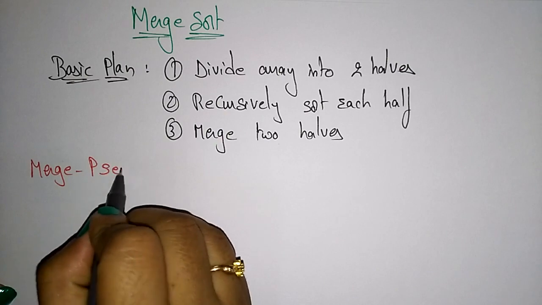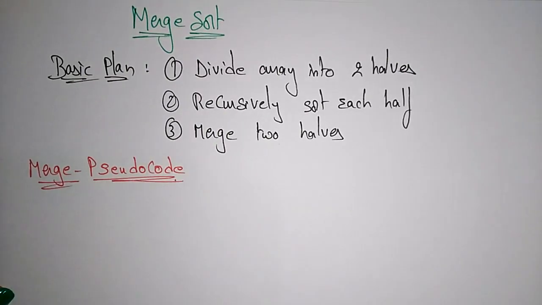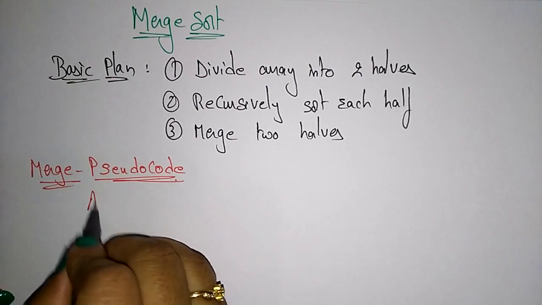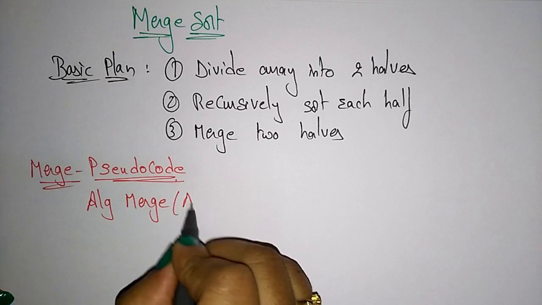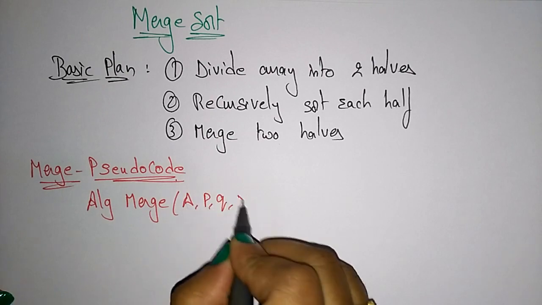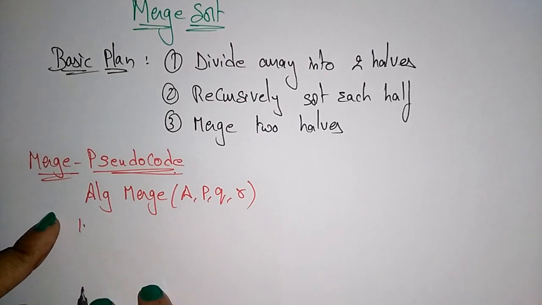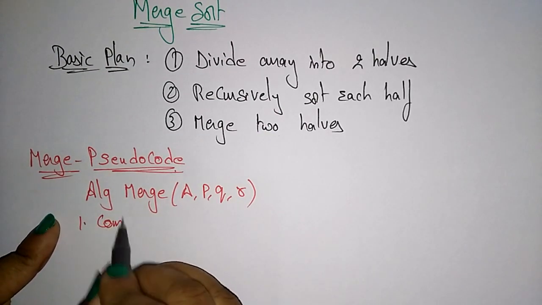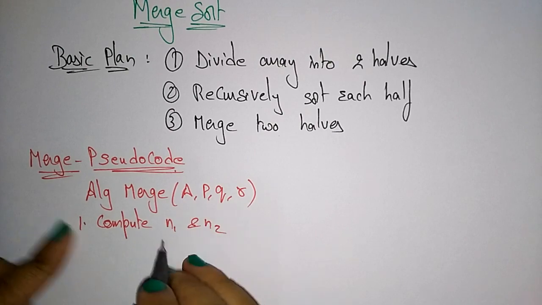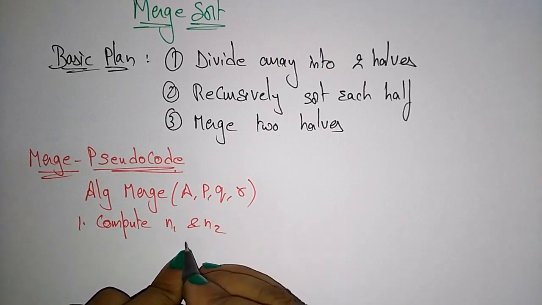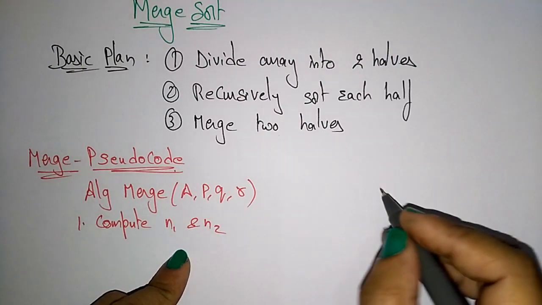Merge pseudocode. The algorithm is Merge(A, P, Q, R). The first step is to compute N1 and N2. What are N1 and N2? They are nothing but the two halves.